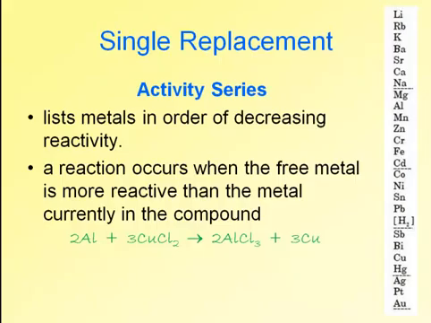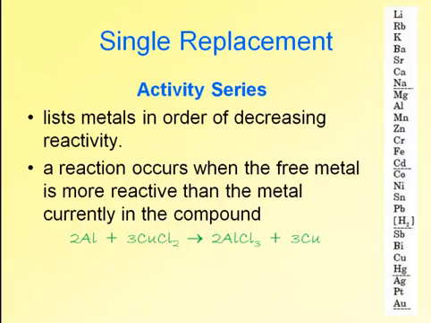Here's the same example we saw before. Think of single replacement reactions this way. The compound listed as a reactant, it already exists, CuCl2 in this example. For a reaction to occur, to get a different compound, a, quote, better element must come along and make something happen to that existing compound.